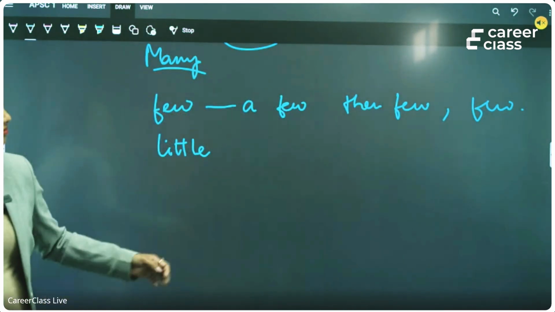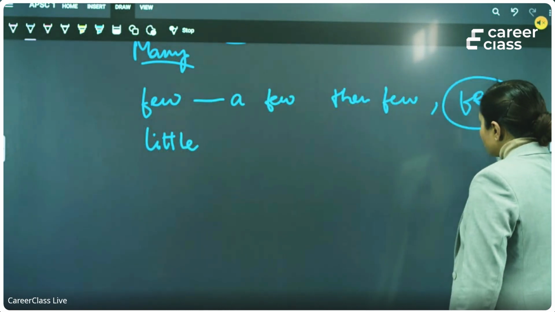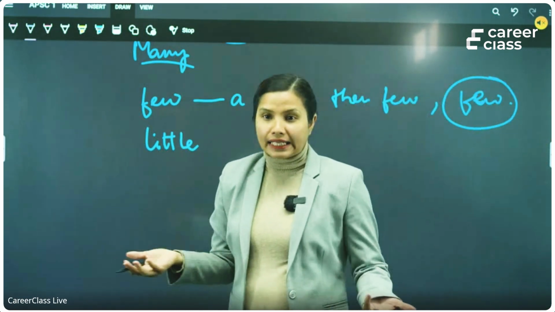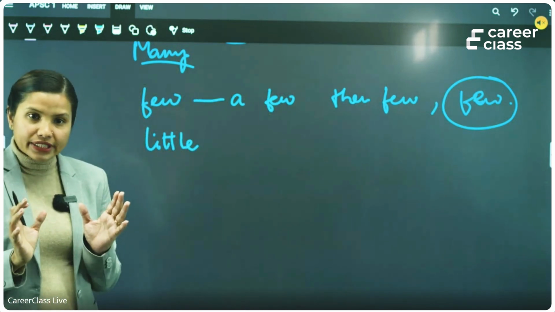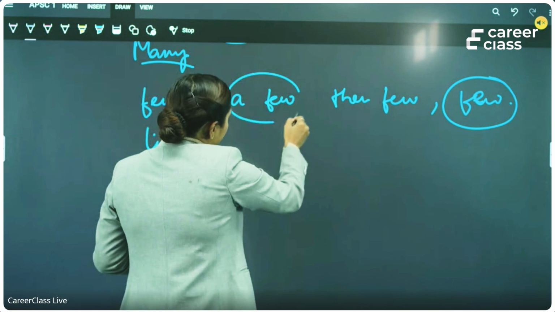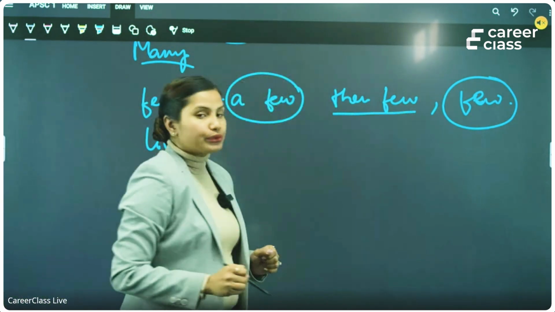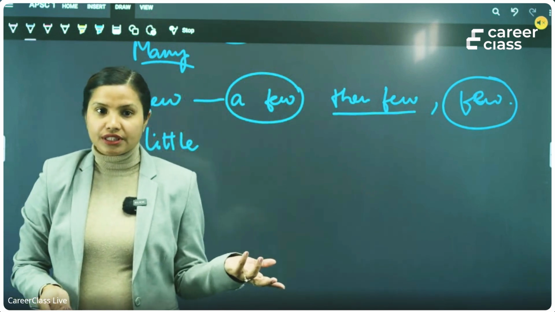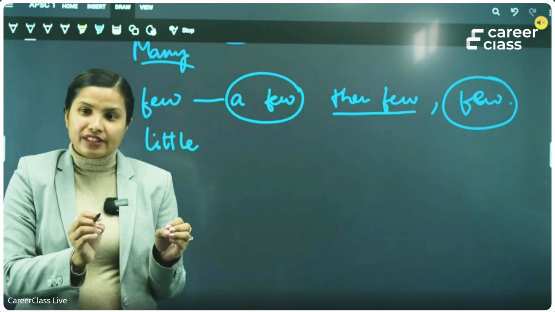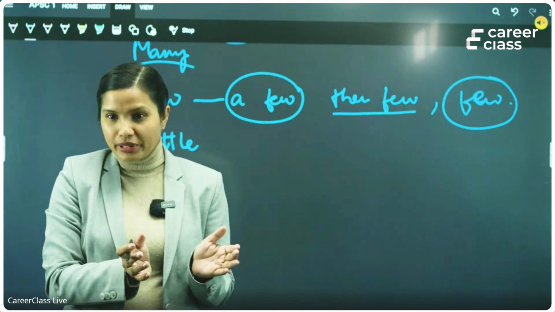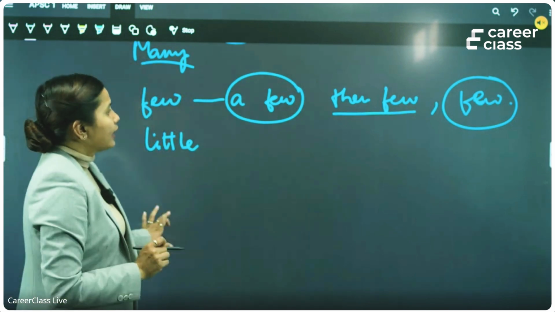Again, few is countable, and when you express it only with few, then it means almost none, negligible. If you have some bit of it, then we will be expressing it as a few. And how do you express with the few? When is it used, why is it used? Specifically with definite numbers. Yes, that definite little amount that has remained. To express that particular amount, we'll be using the few.